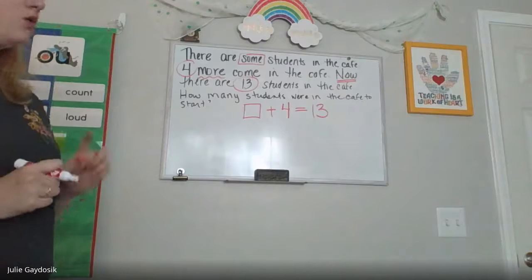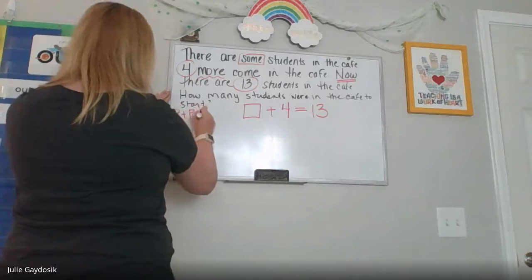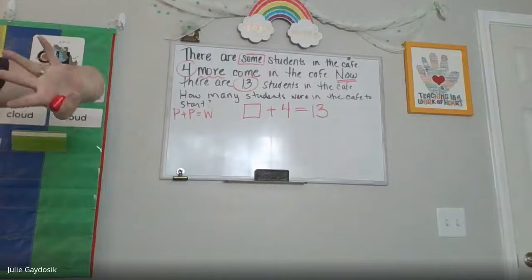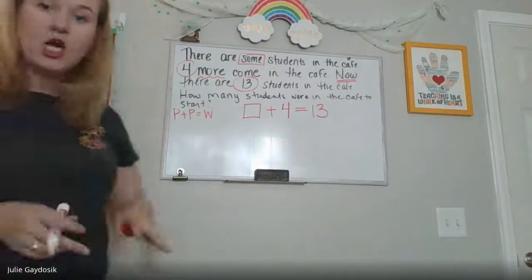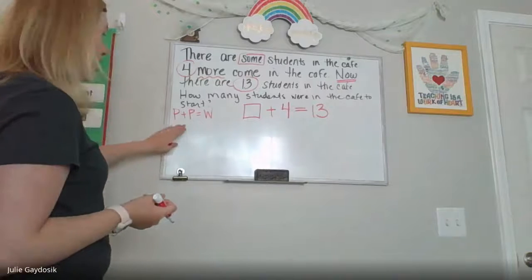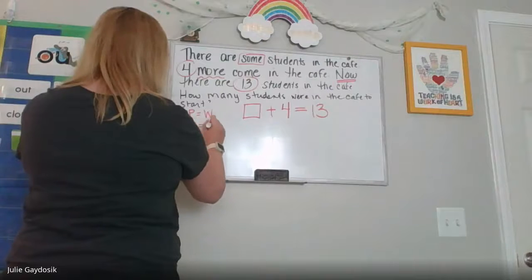Now, we could solve this as a part plus part equals whole. You could also change the equation to subtraction, okay? And that's the same thing. If part plus part equals whole, whole minus part equals part.